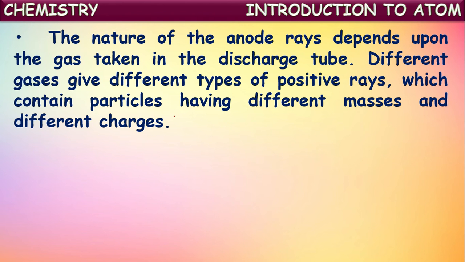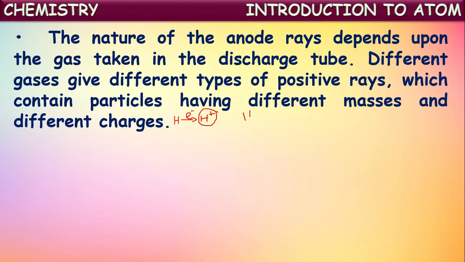For example, if we take hydrogen gas in the discharge tube, what are the positive rays produced in that case? H plus ions, isn't it? By the removal of an electron from each hydrogen, one H plus ion is produced. In this case, positive rays are H plus ions, which we also call protons.